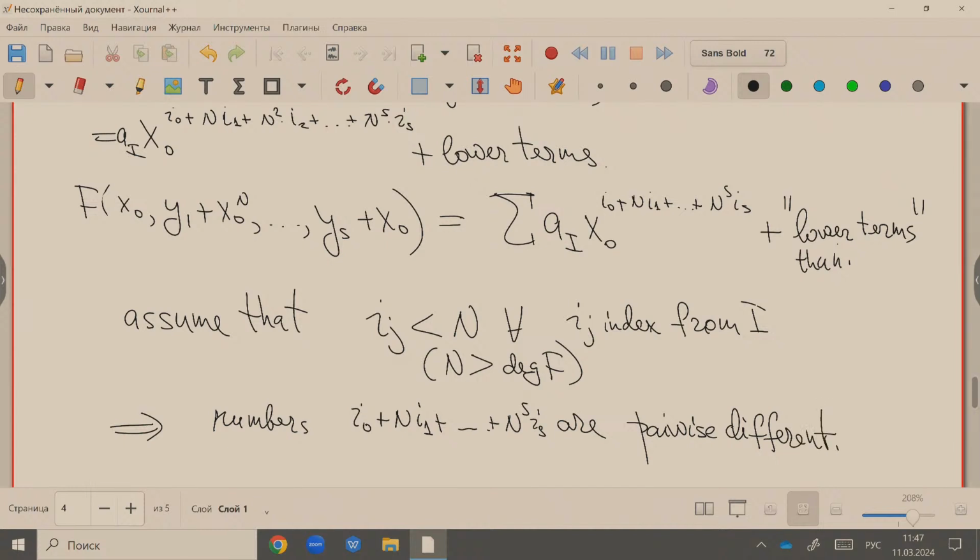So this means that there will be one maximal number among them.